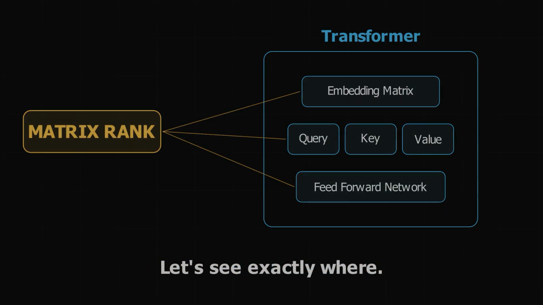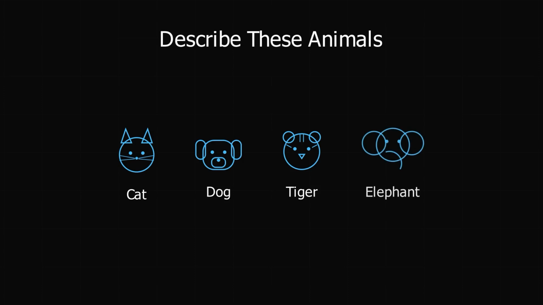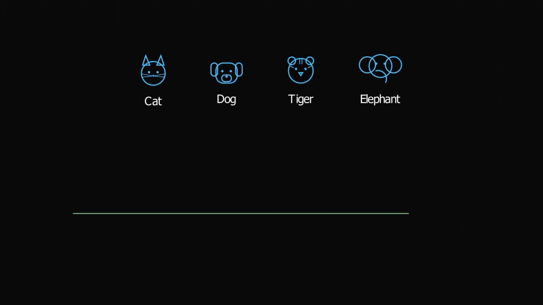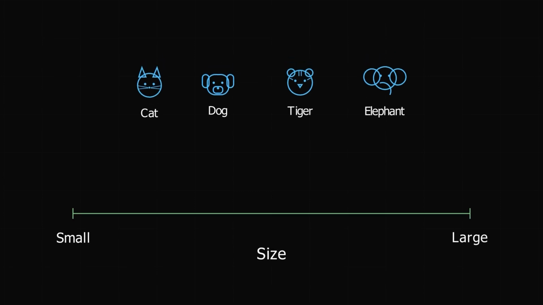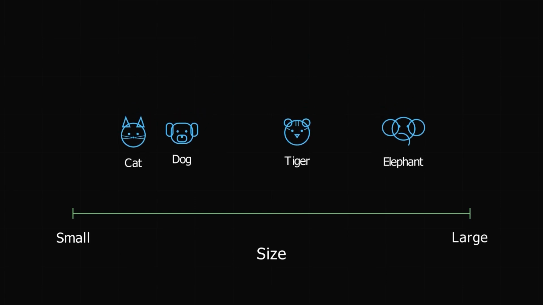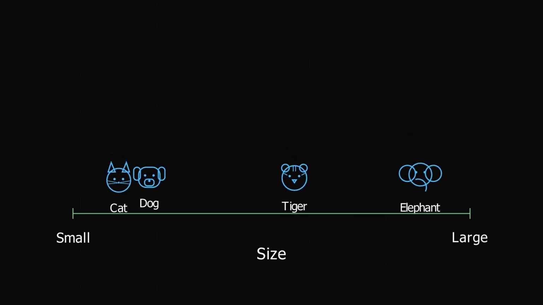Let's try to understand why matrix rank matters in embeddings. Imagine I ask you to describe four animals: a cat, a dog, a tiger, and an elephant. But there's one rule: you're only allowed to use one characteristic: size. Using only size, the cat and the dog look almost identical. We've already started losing information.